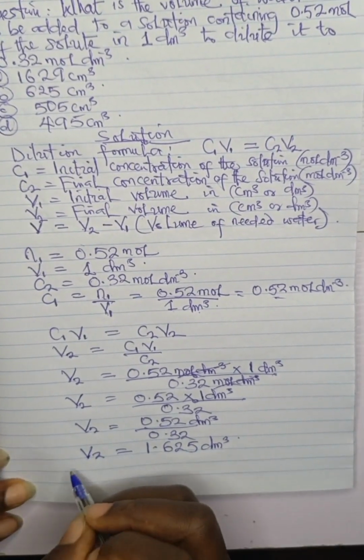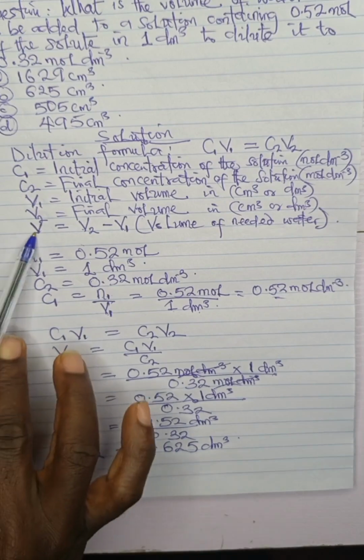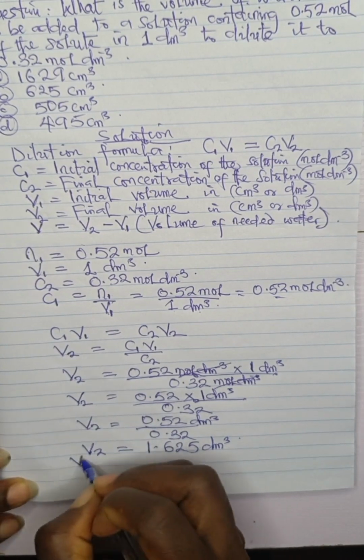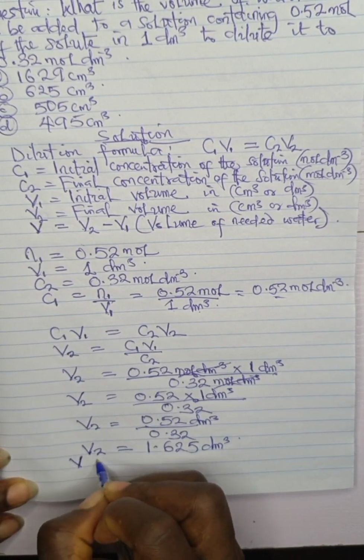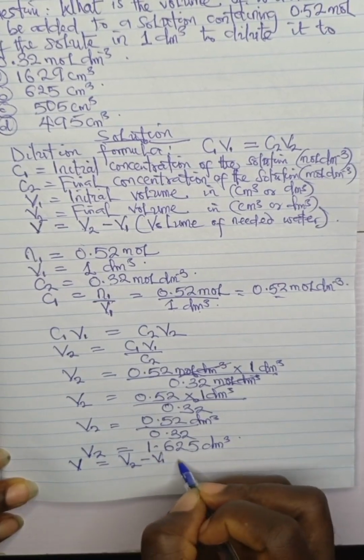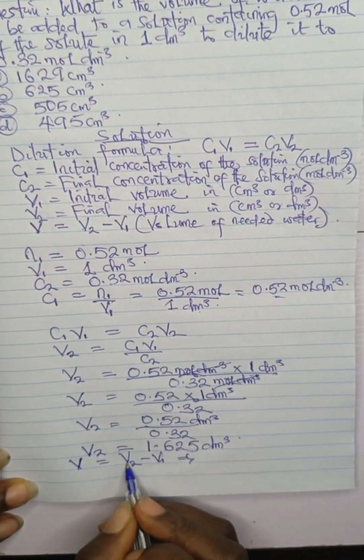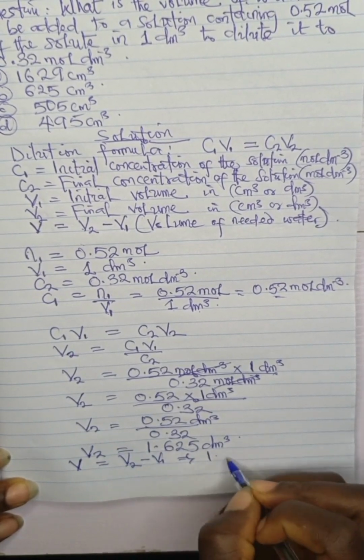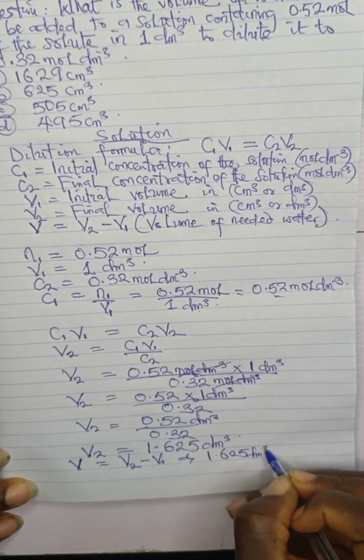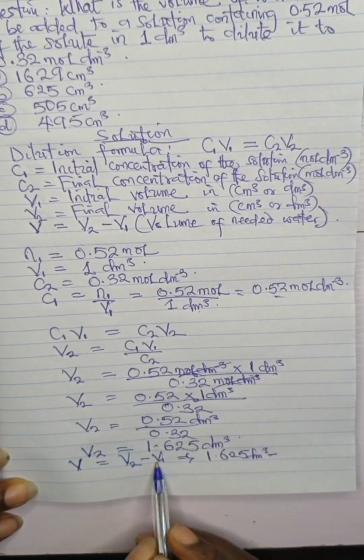So in order to get the volume of water needed, we have V equal to V2 minus V1, which becomes 1.625 dm cube minus V1.